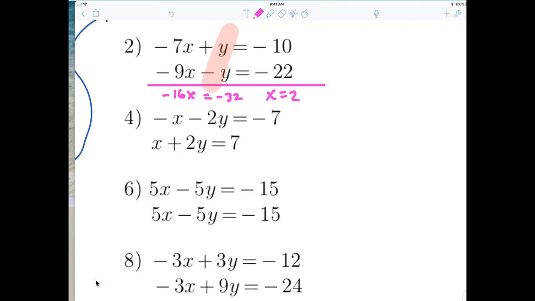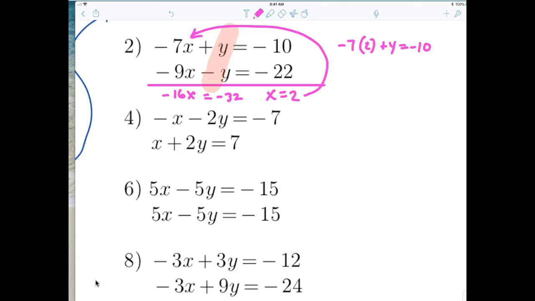Now I'm plugging 2 back in for x. Does it matter what equation? It makes no difference. You try to find the easiest one, but it really doesn't matter. I chose the first one because the y is automatically what? Positive. So when I plug 2 into the first equation, it's negative 7 times 2 plus y equals negative 10.